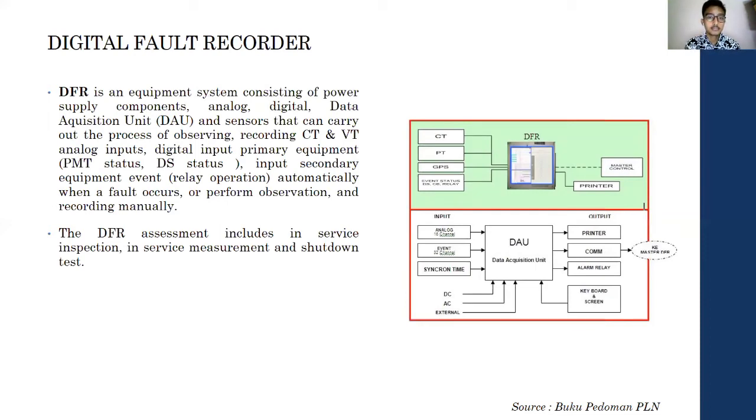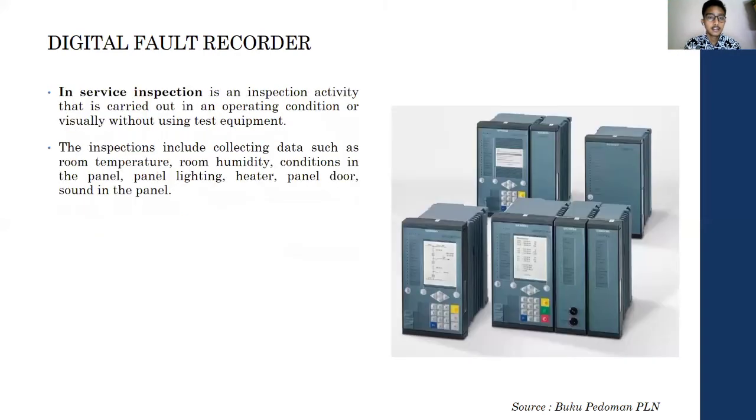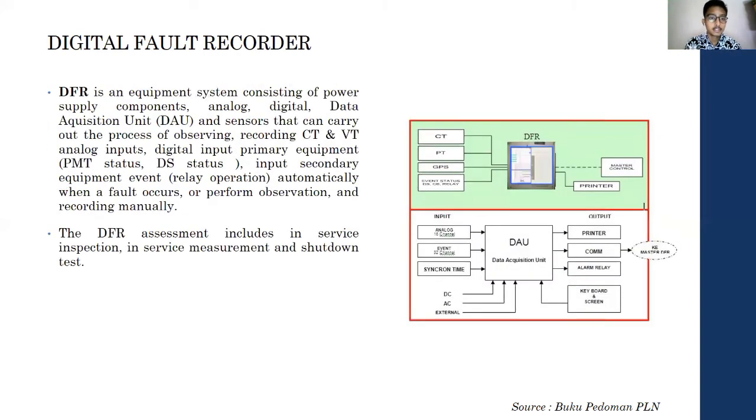DFR is an equipment system consisting of power supply components, analog, digital, and data acquisition unit or DAU, and sensors that can carry out the process of observing and recording CT and PT analog inputs, digital input of primary equipment such as PMT status and DS status, and input of secondary equipment such as relay operation, automatically when a fault occurs, or perform observation and recording manually.